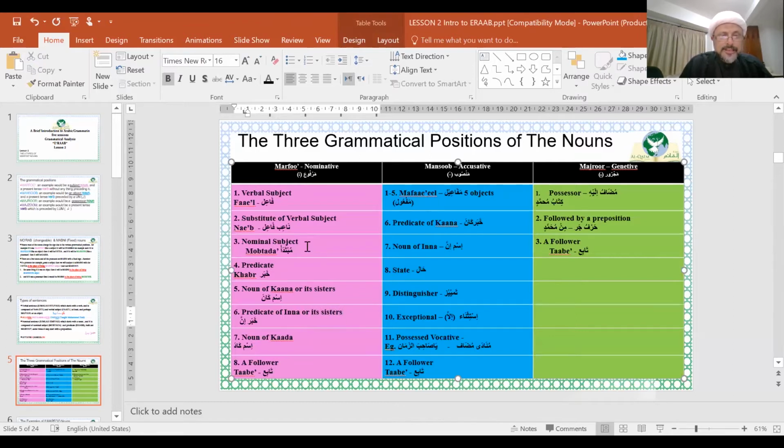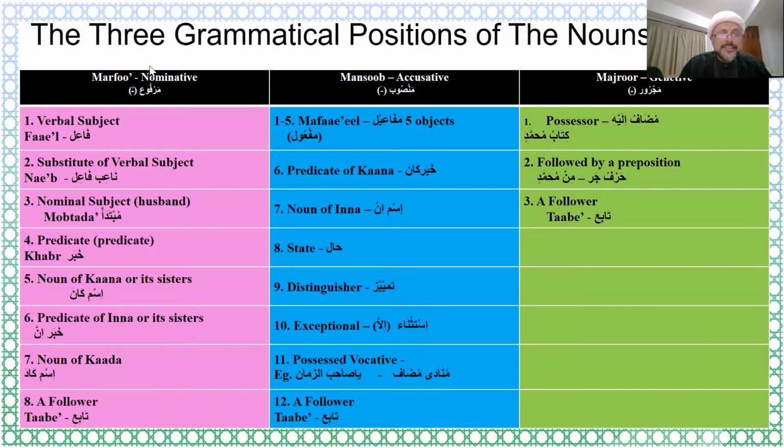I'm just going to put in the bracket husband. So husband is like a mubtada, and then his wife is the predicate. So now, hopefully, it will be easier for you to relate these things together. Once you understand husband and wife, and then you know that there are sisters who mess up with either the husband or the wife, then your life in grammar becomes easier.